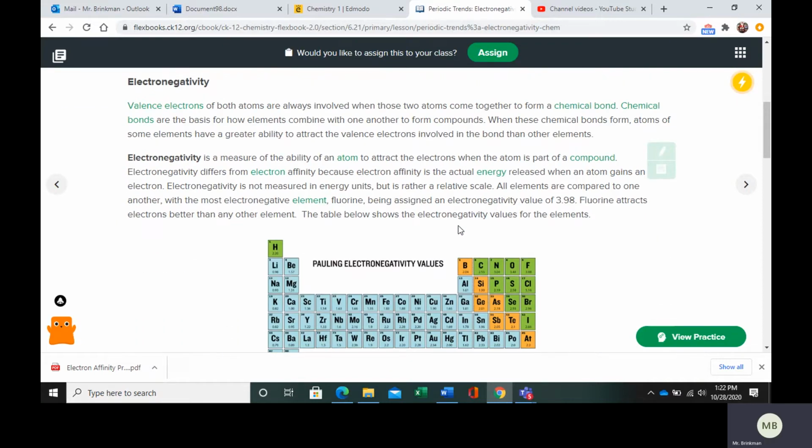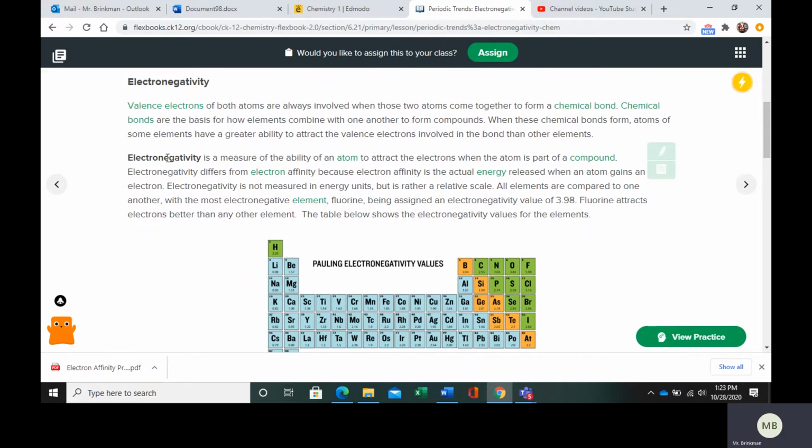So when atoms form chemical bonds, when they interact, when they react with each other, atoms of some elements are going to be able to attract valence electrons better than others.